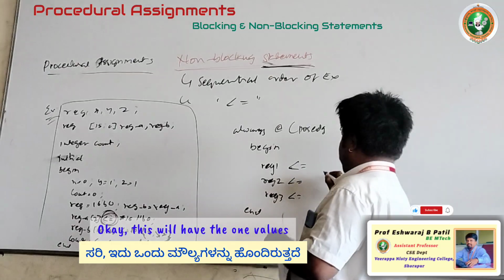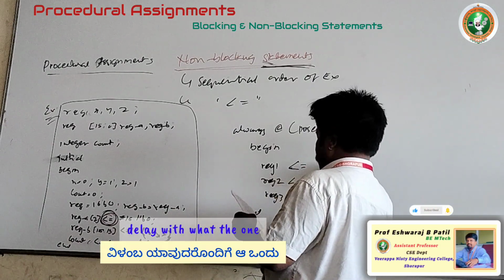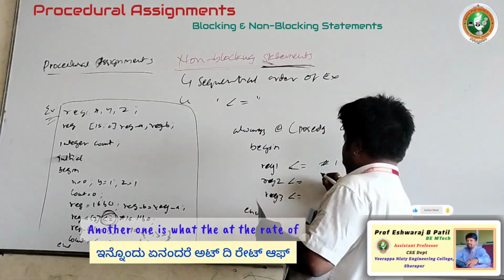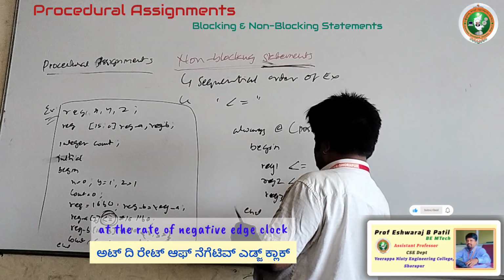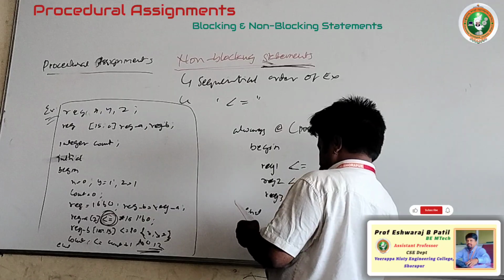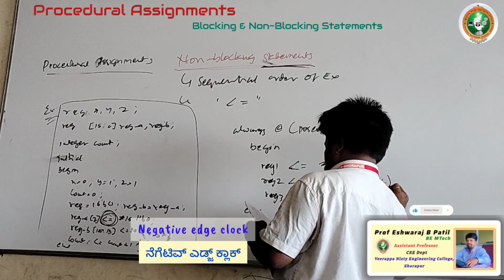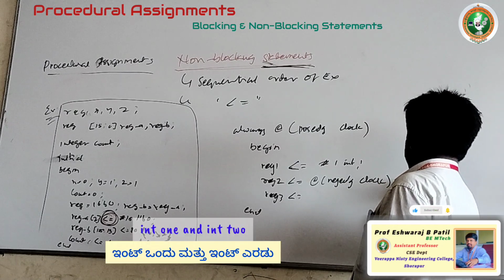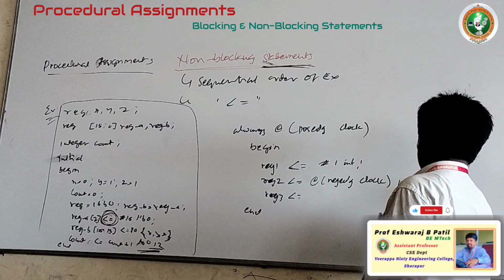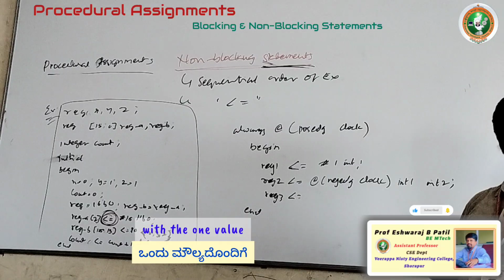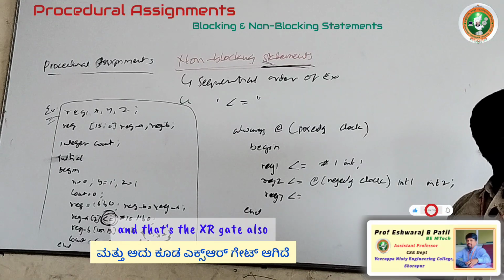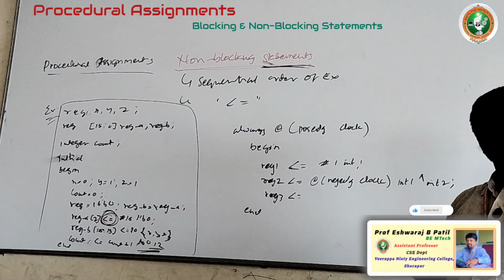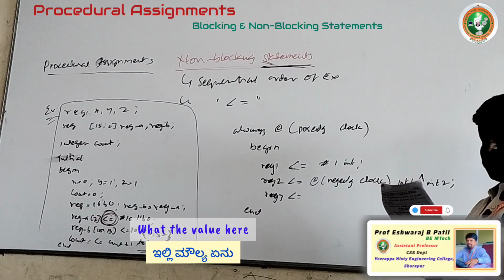This will have one value, the delay with the int type. Another one is at the rate of negative edge clock. This has the inputs int 1 and int 2, and works with the XOR gate symbol.